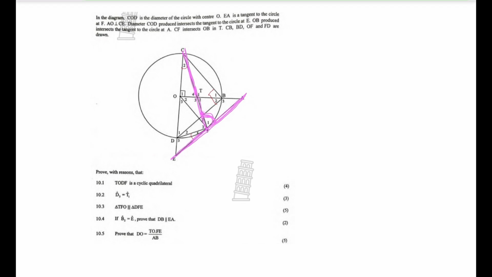This angle F1 will be equal to the angle D1 plus D2, which is subtended by FC. So that means that you have F1 equal to that.